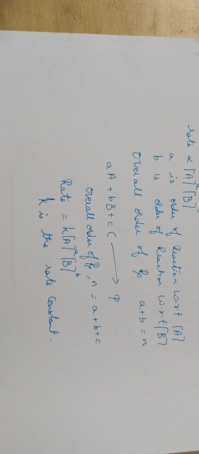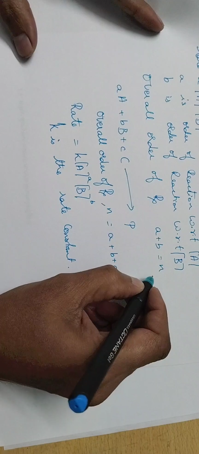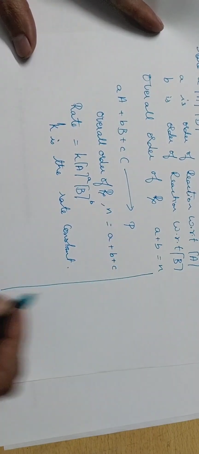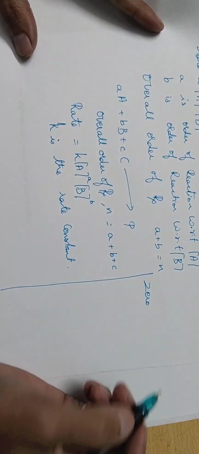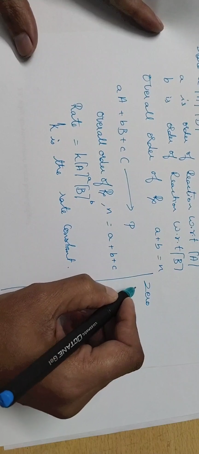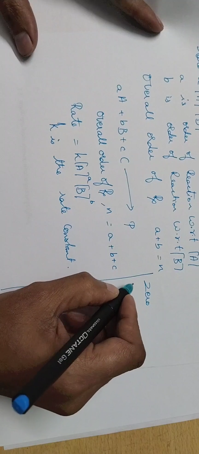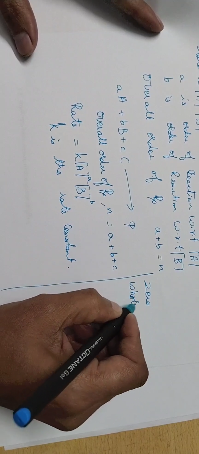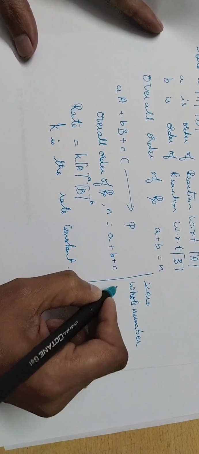Now the order of the reaction can be 0, it can be any whole number 1, 2, 3, or it can be a fraction also. It can be a whole number and it can also be a fraction.